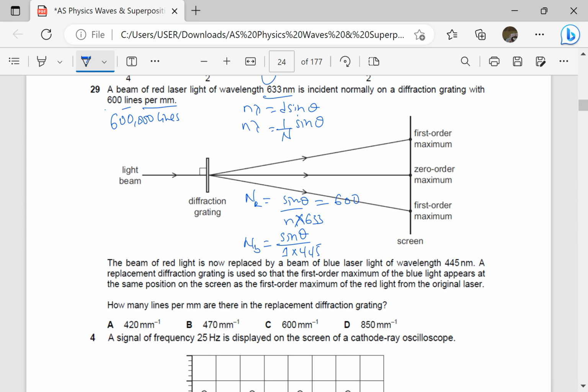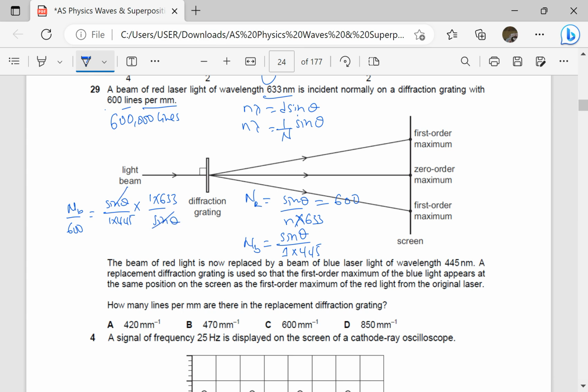So the question is how many lines per millimeter are there in the replacement diffraction grating? I'm going to divide the two equations. So n for blue divided by n for red, which is 600, is equal to sine theta divided by 1 times 445, times, taking the reciprocal, 1 times 633 divided by sine theta.